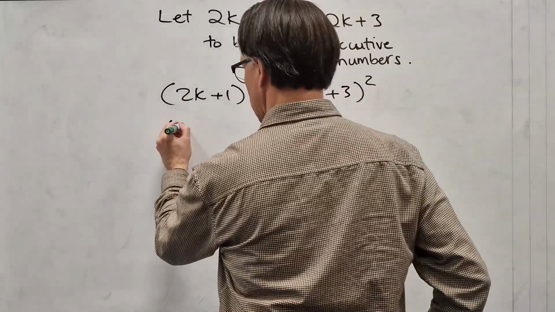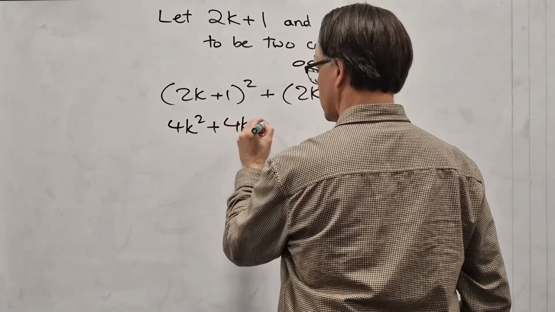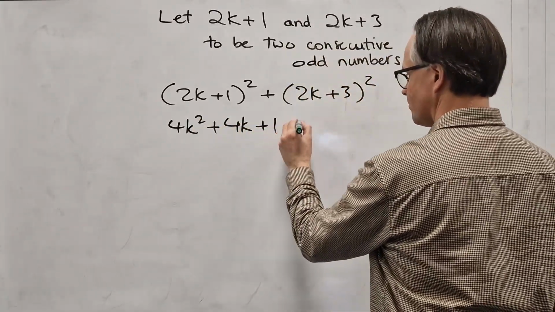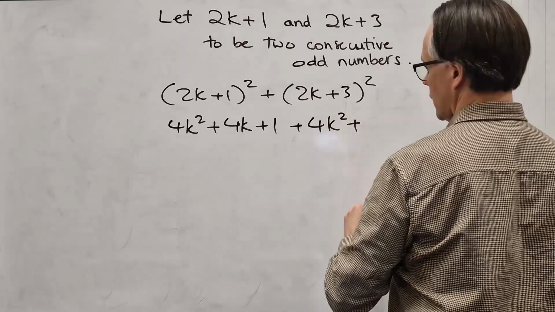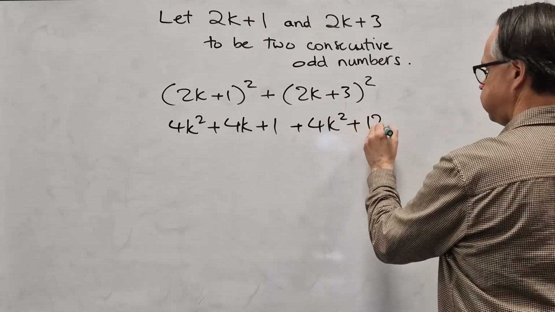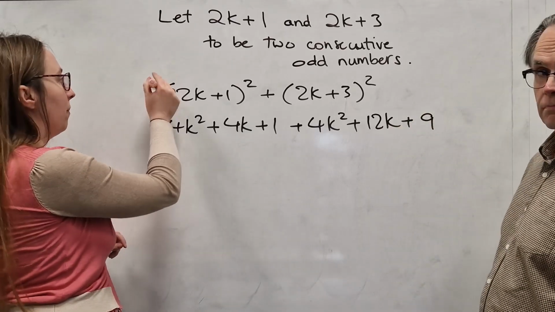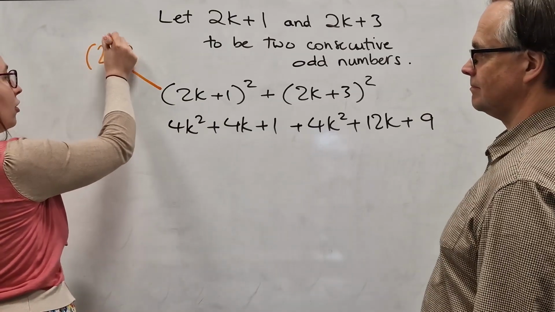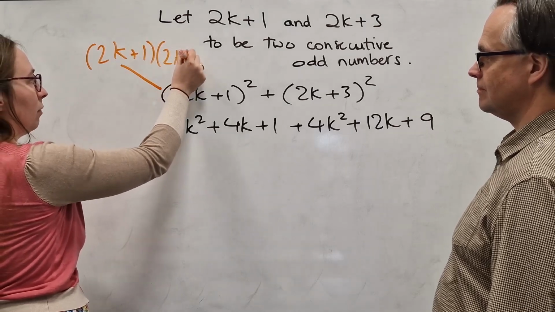Now let's multiply it out. So here, by multiplying them out, this is 2k plus 1 times 2k plus 1.